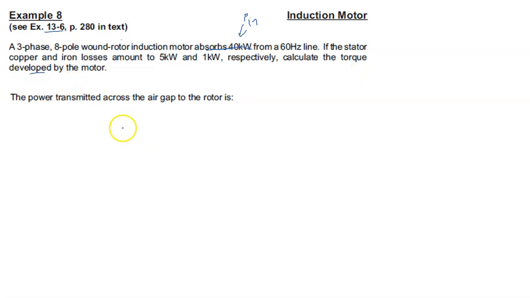I'll start off with the power transmitted across the air gap to the rotor, PR. PR is equal to P in minus the stator losses, and we account for two sets of losses in the stator: an I squared R, or copper loss, plus an iron loss.